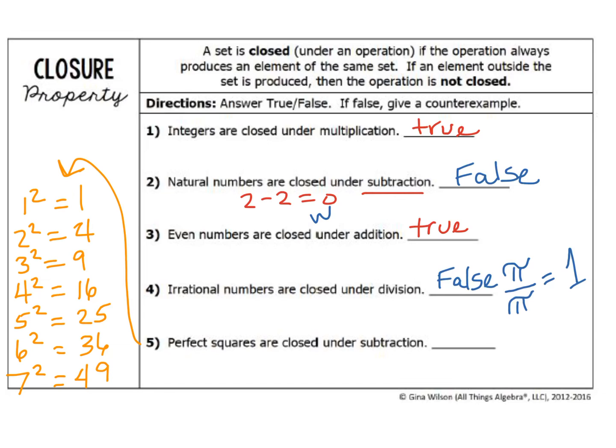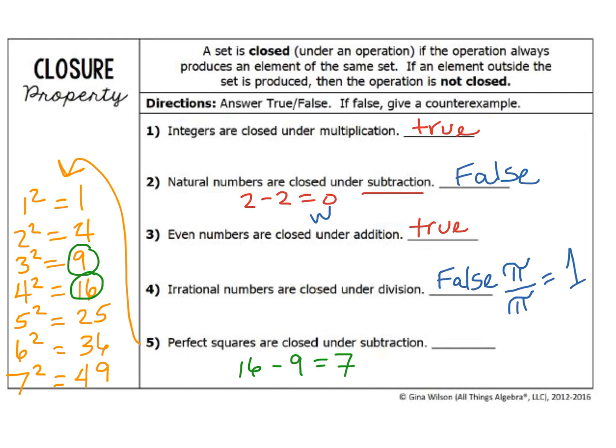Okay, are perfect squares closed under subtraction? So I'm going to pick 2 of these perfect squares, and I'm going to subtract them. 16 minus 9. I'm going to take those. What is 16 minus 9? Okay, gave you a second to think about it.